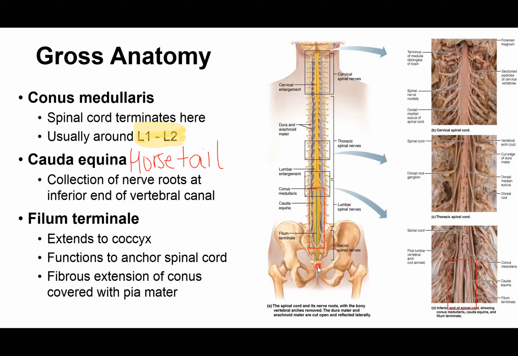Basically it's like the string that anchors the spinal cord in place and keeps it in its nice column-like structure. Additionally, it's pretty much just an extension of the conus, and it's covered with pia mater.